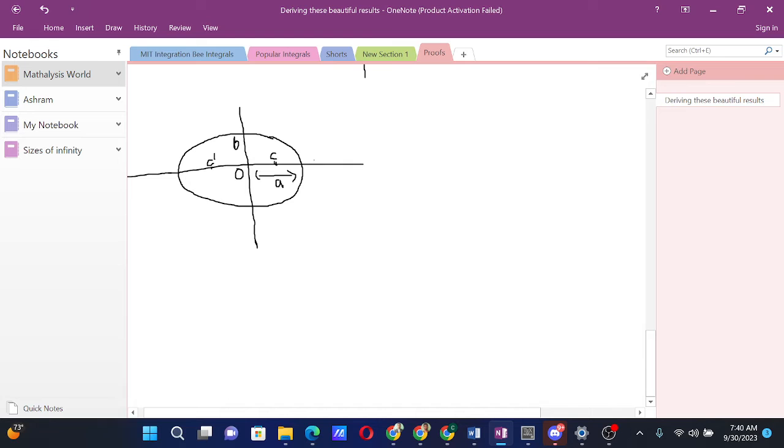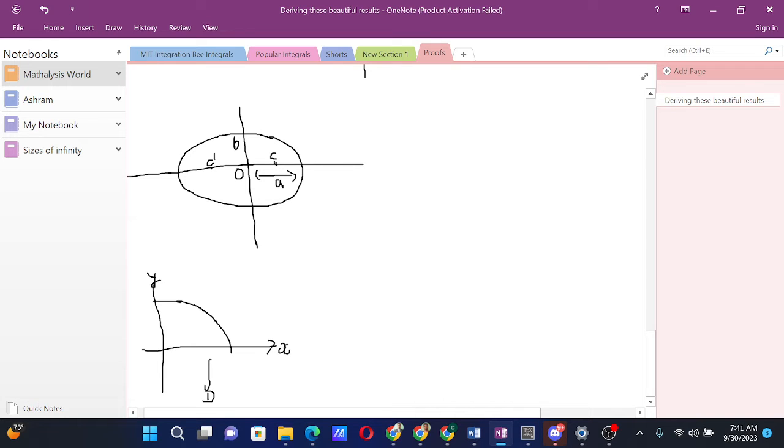To find this length, we know that when we are finding the length of a curve, we just integrate the dl element over the required domain. This is x, y.